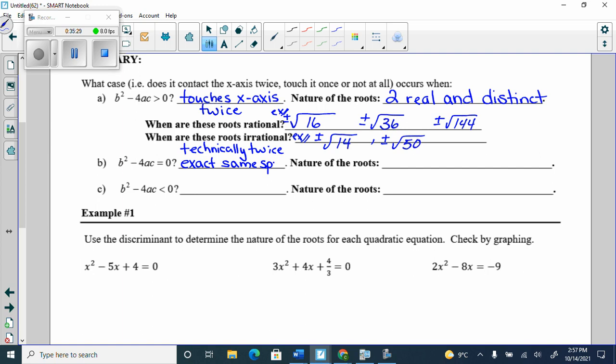And when does this occur? When what's on the x-axis? What has to be on the x-axis in order for this to happen? A vertex. Because then it just hits it and bounces down, or it hits it and bounces up, right? You can't cross through twice. What are the nature of the roots when you get the exact same answer twice? They're two real again, because there's two of them. They're real, and they're what, though? Equal.